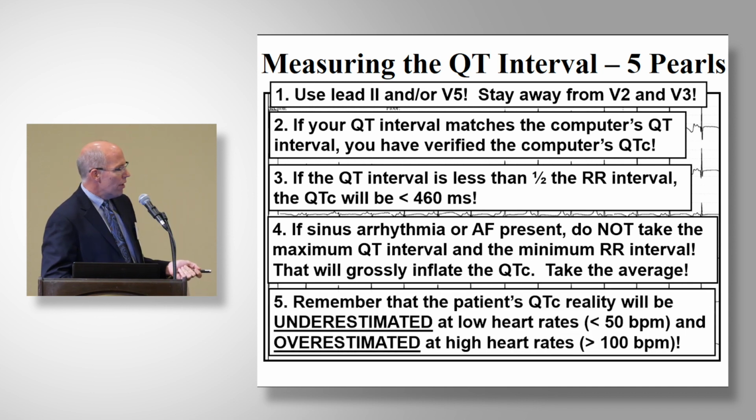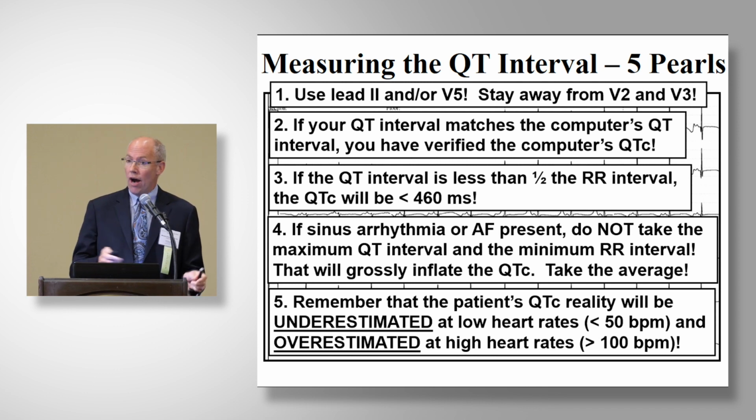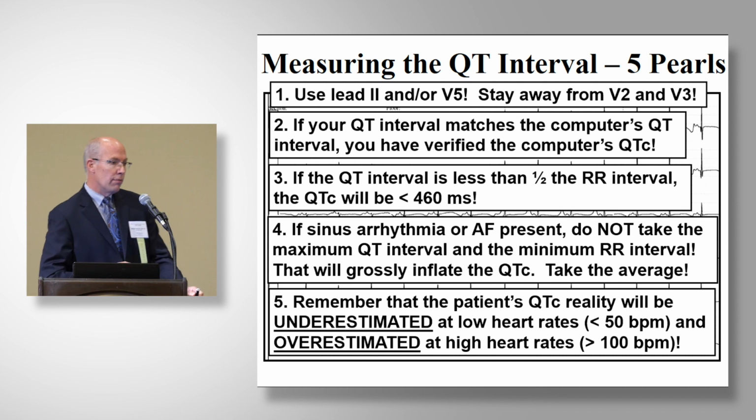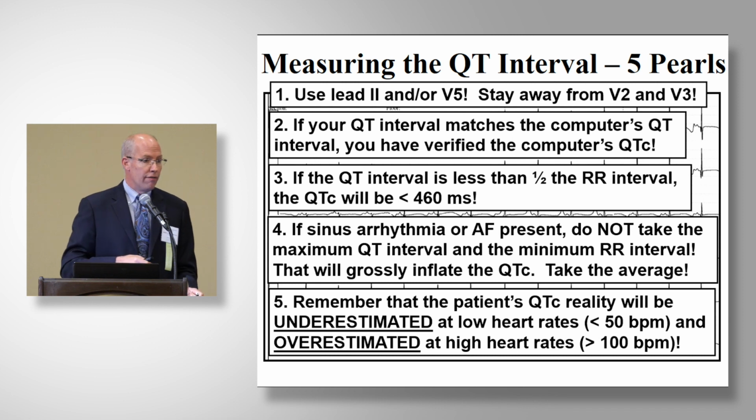And then remember that the patient's QTc reality starts to break down at slow and fast heart rates. It starts getting underestimated in bradycardia, which is where a lot of our athletes are, and overestimated at high heart rates. But one of the things I observe a lot happening is their heart rate is 45.